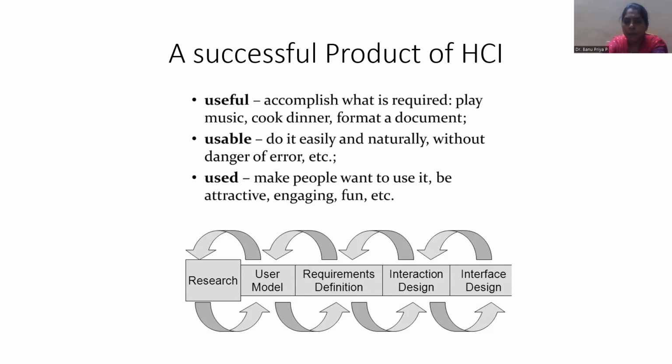Then used: people have started using it, they are engaged, and they liked it. The research model falls under these categories. You first create a user model via the definitions or requirements of the user, then you search the interactive designs, and finally you end up with the interface.